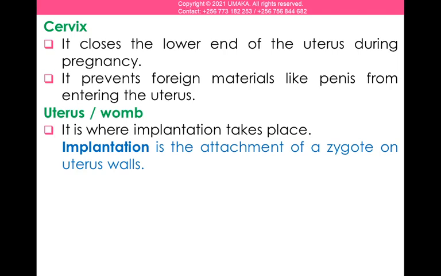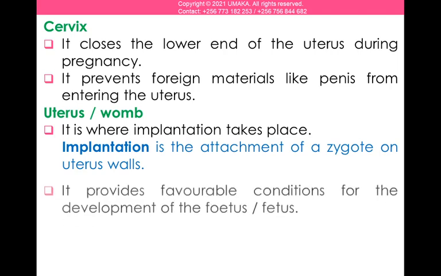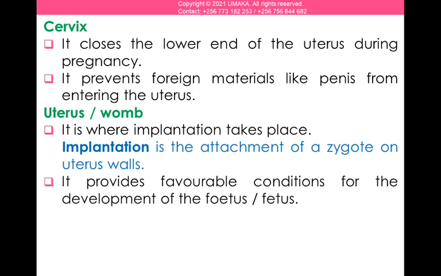The attachment of a zygote on the uterus walls is called implantation. So it takes place in the uterus or on the uterus walls. The uterus also provides favorable conditions for the development of the what?